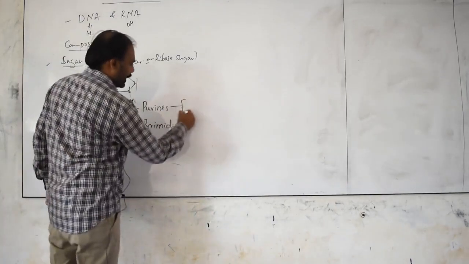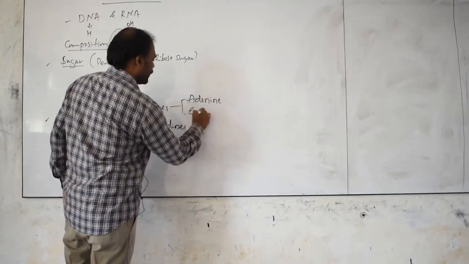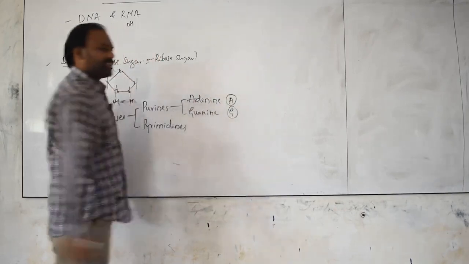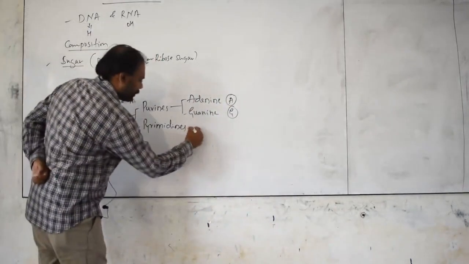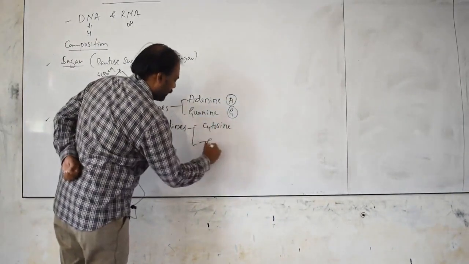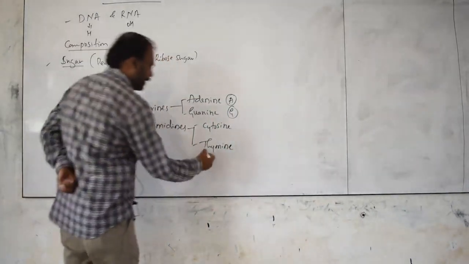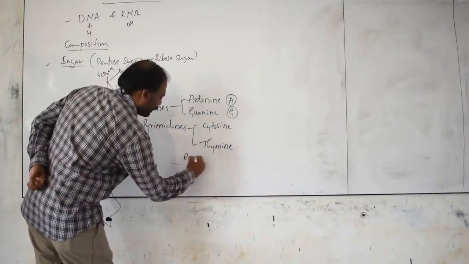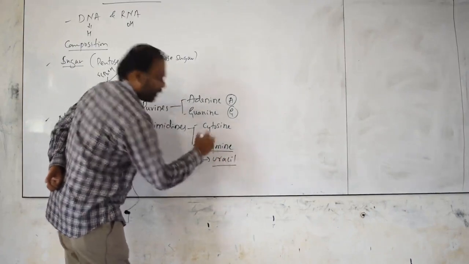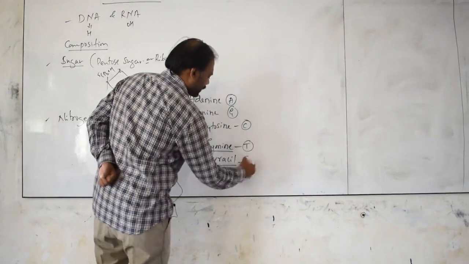In the purines again there are two: adenine and guanine, represented as A and G. Next, pyrimidines are again of two types: cytosine and thymine. In case of RNA, instead of thymine we have uracil. Do remember.